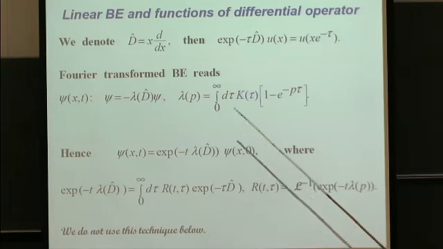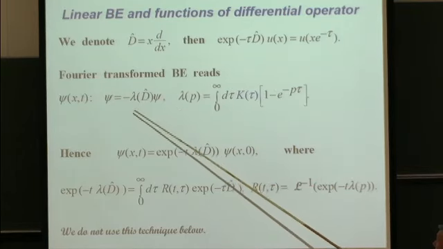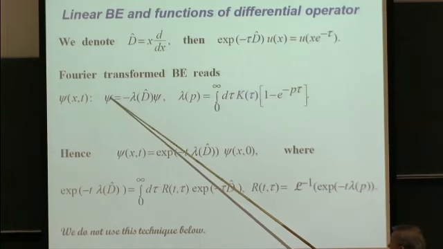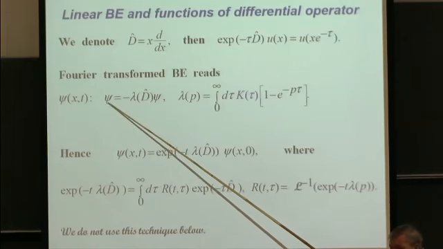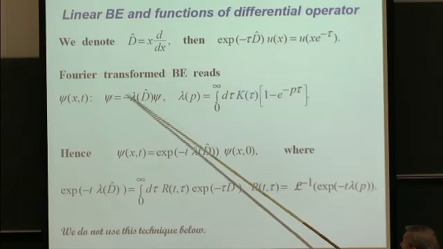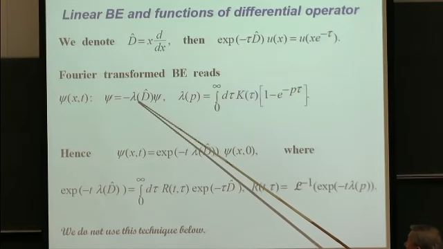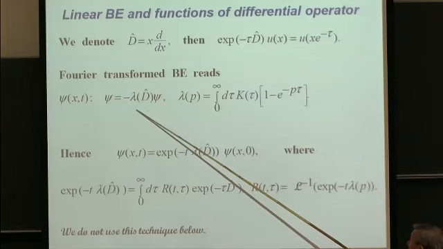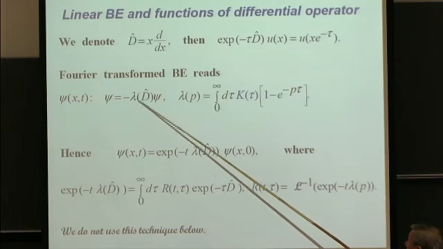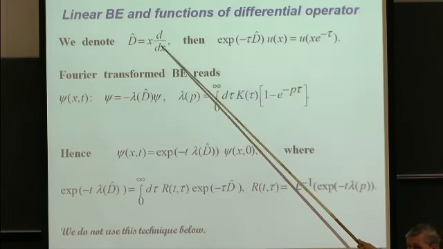To show this, the simplest way is to notice that the Boltzmann equation, here must be psi t, the derivative, you can write it in the form that this linear operator is in fact an analytic function of a differential operator g dx.